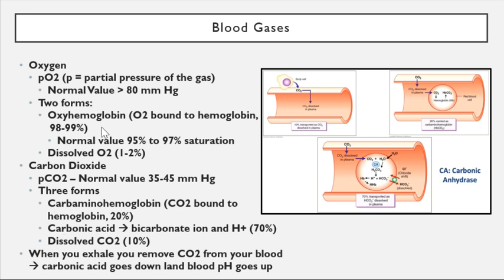Because hemoglobin has this oxygen binding site right at where that iron molecule is, most of your oxygen is going to be bound to hemoglobin, because that's the whole purpose of hemoglobin, transport of oxygen. So it's 99% of it, but 1% is actually just dissolved in your blood.